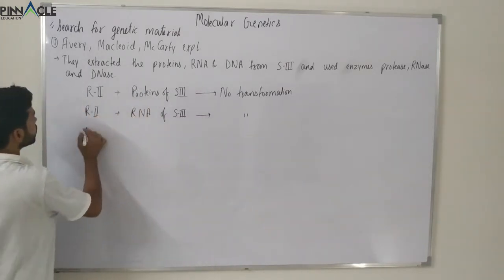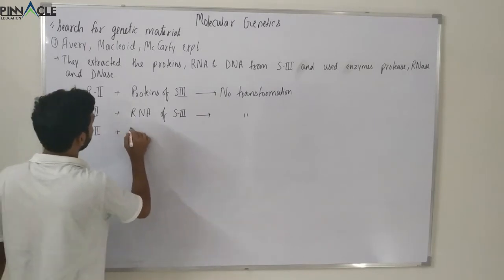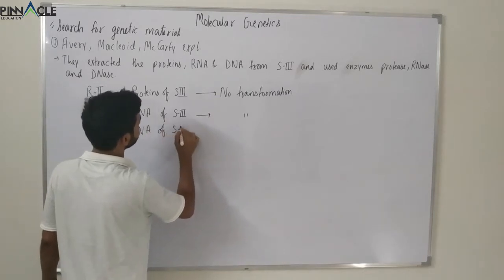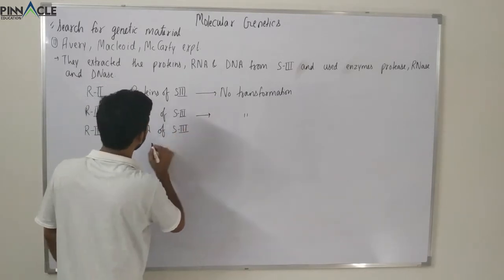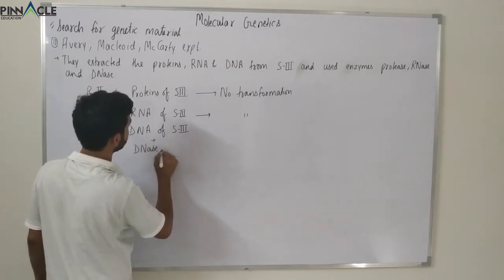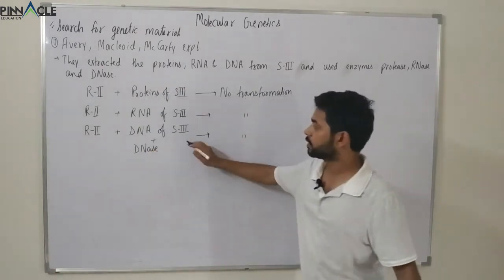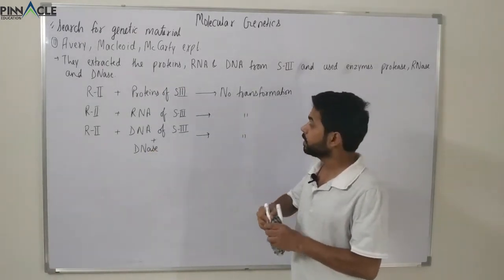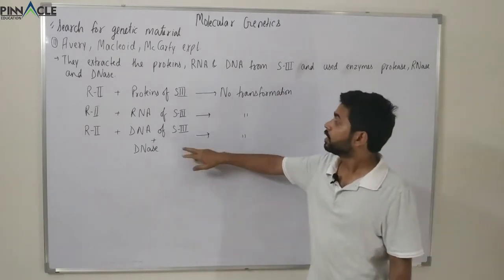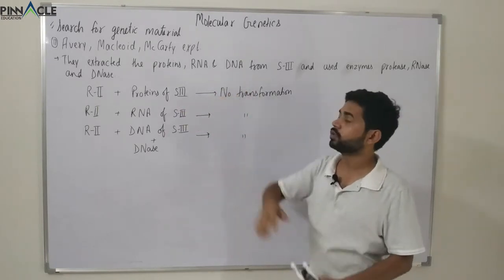Now in the third case, R2 was taken and DNA of S3 plus DNase enzyme also was taken. So here also no transformation occurred. What we have to study here is that the DNase enzyme can digest DNA, RNase enzyme can digest RNA, protease enzyme can digest proteins.